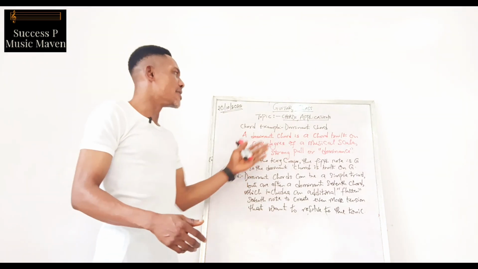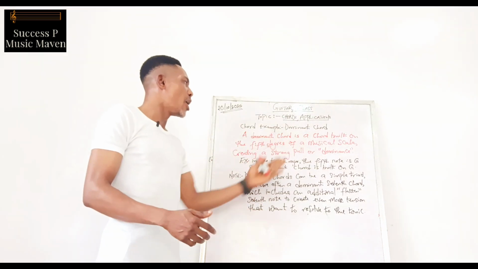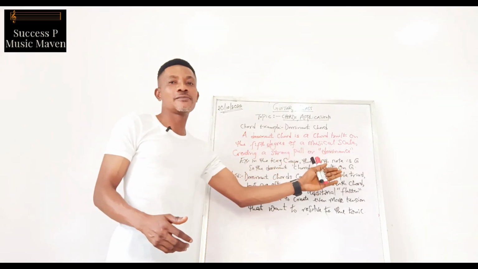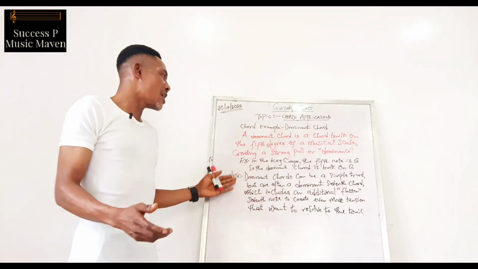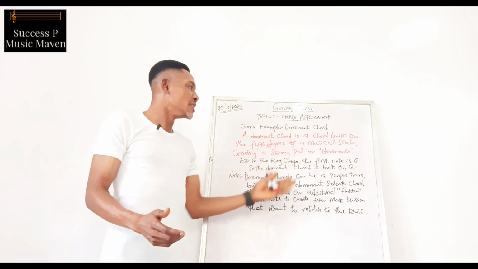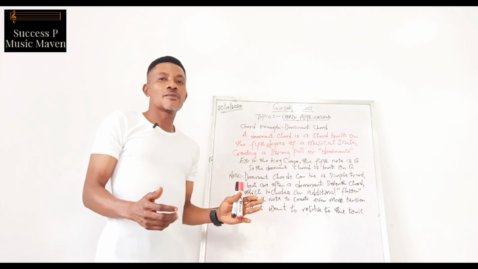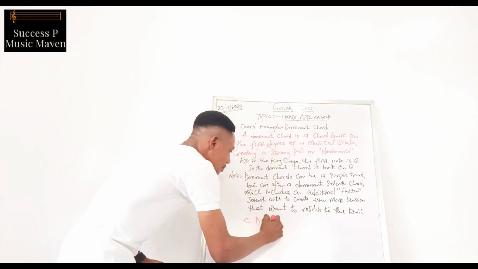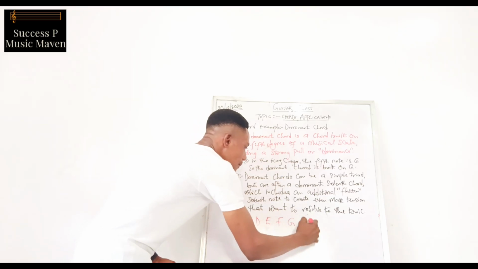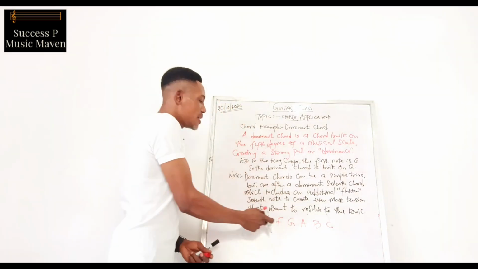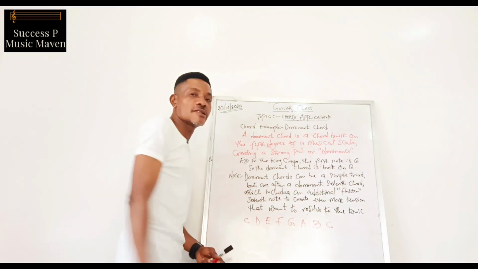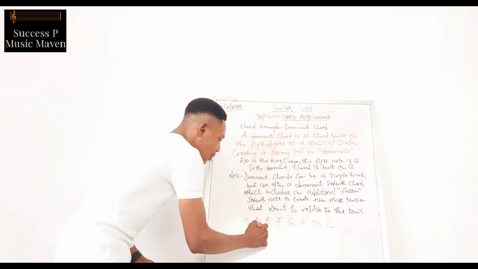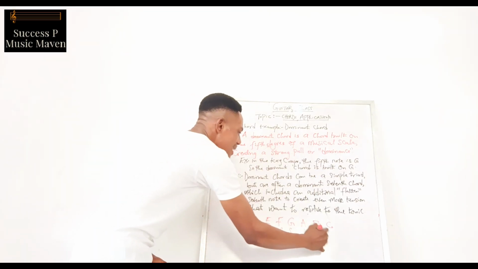A dominant chord is a chord built on the fifth degree of a musical scale, creating a strong pull or dominance. An example, in the key of C major, the fifth note is G. For example, this is the C major scale: C, D, E, F, G, A, B, then back to C. If you are playing in the key of C major, this is what we know as Do, Re, Mi, Fa, Sol, La, Ti, Do.